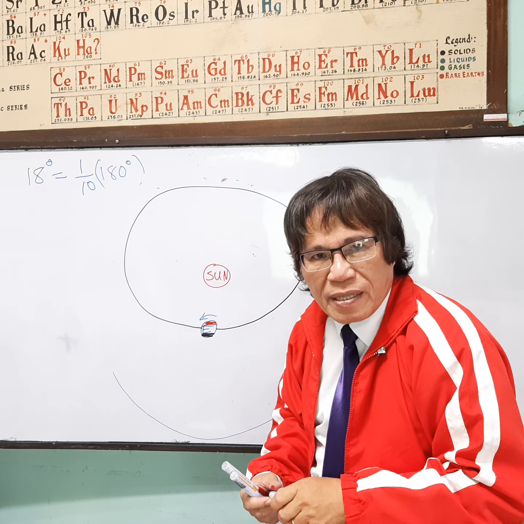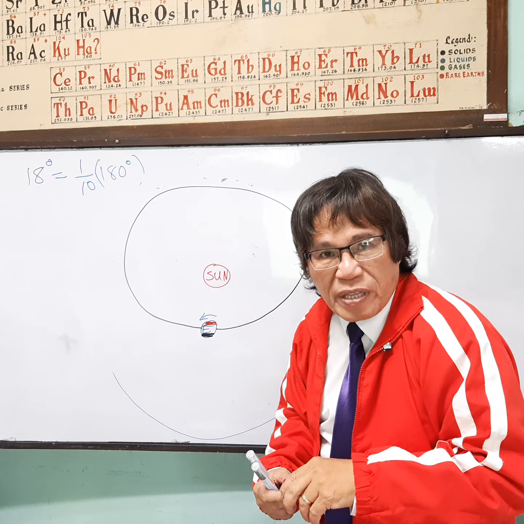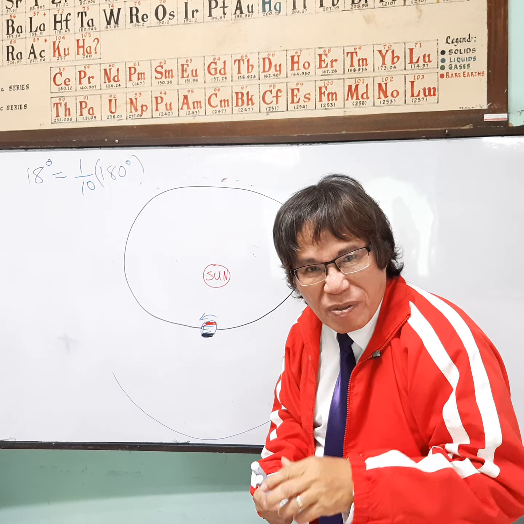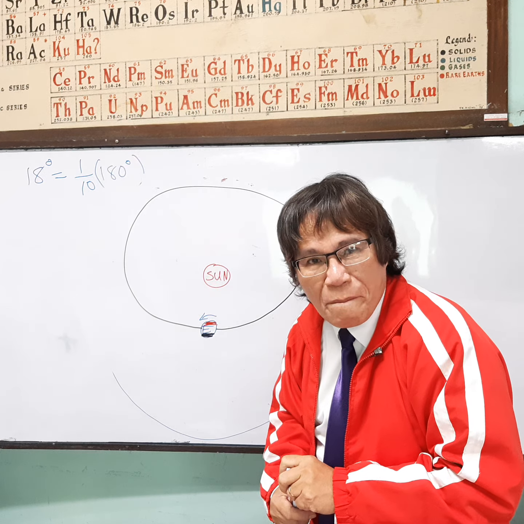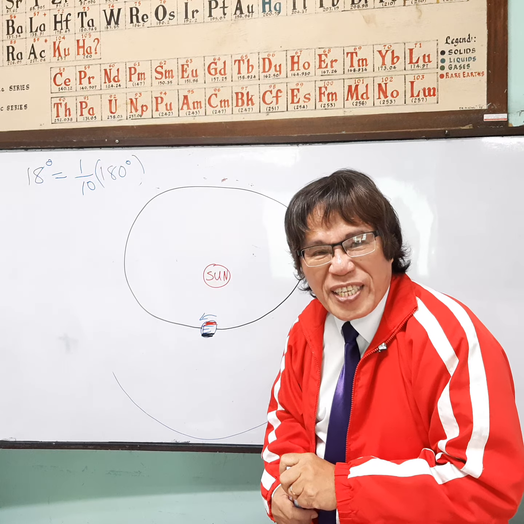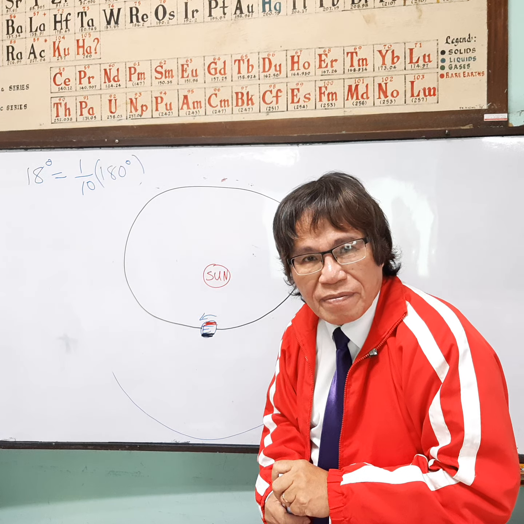Daytime is when that part of the earth is facing the sun. And because our earth rotates, and you are assigned to compute for the rotation of every planet, including the earth, one complete rotation of the earth on its axis is about 24 hours.